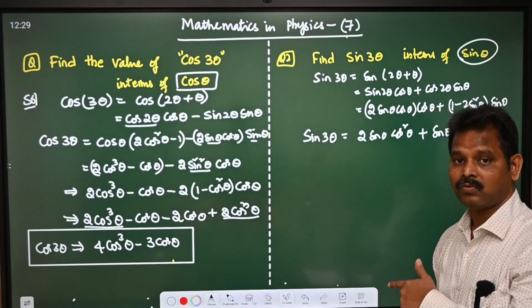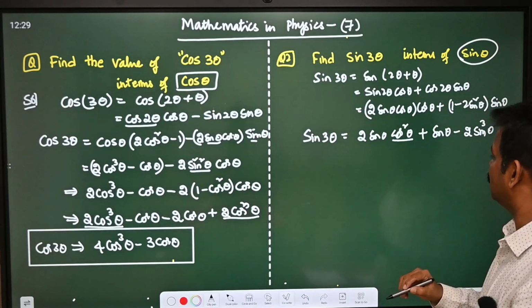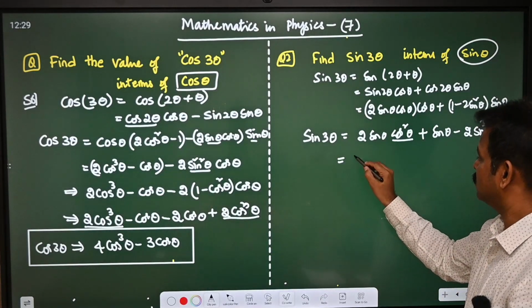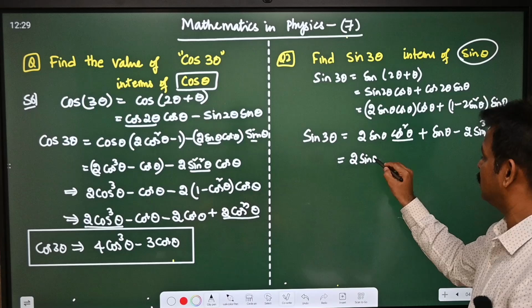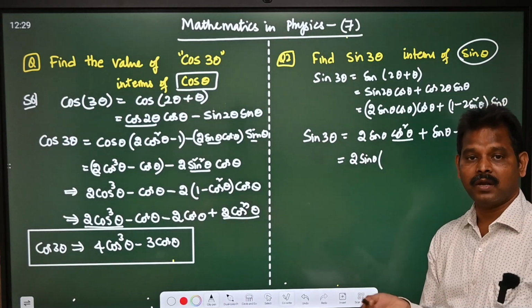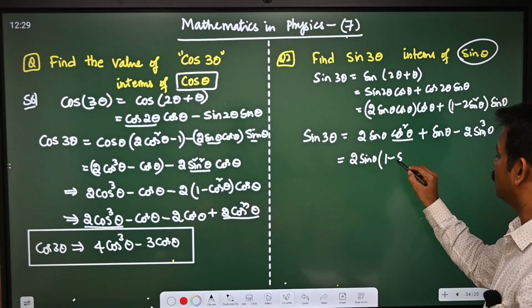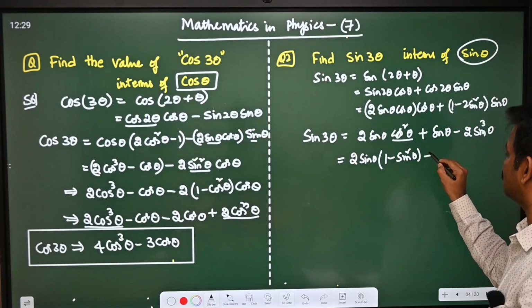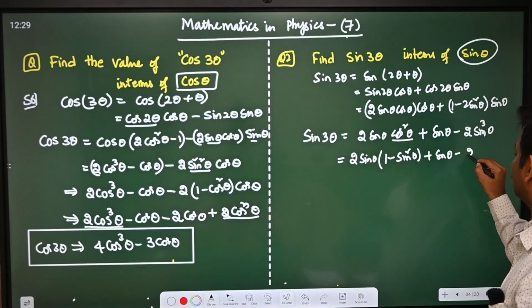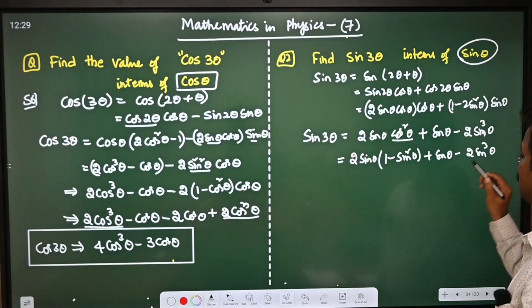And the only thing that we have to remove is cos square theta. So you can write 2 sin theta cos square theta as 2 sin theta into 1 minus sin square theta, plus sin theta minus 2 sin cube theta.